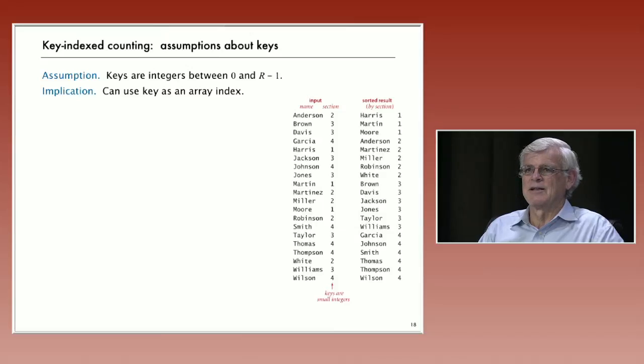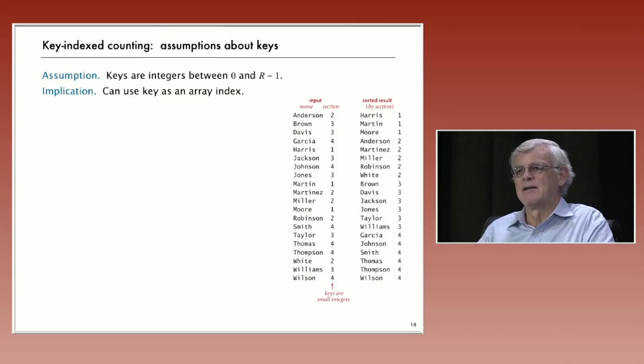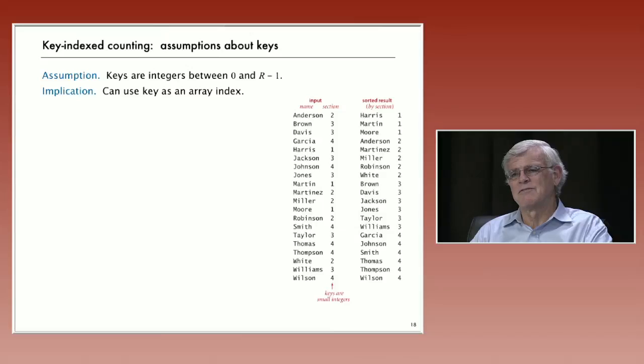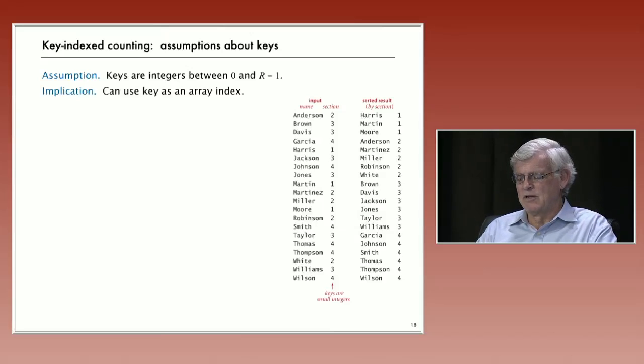Key index counting is a fine example of that, and it's representative of a fairly common situation in sorting applications, where it happens to be that the keys that we're using to sort are small integers. So in this case, this is supposed to mimic an application where there are students and they're assigned to sections.